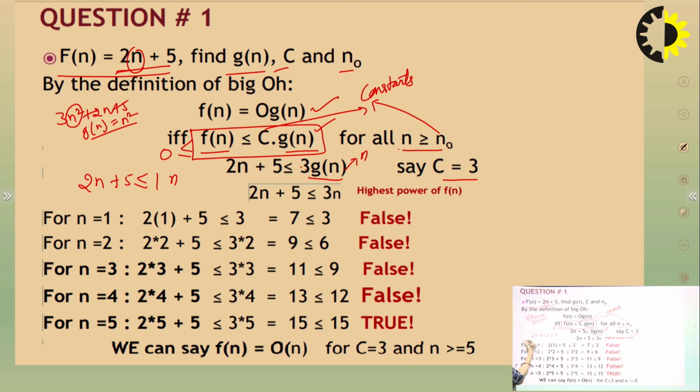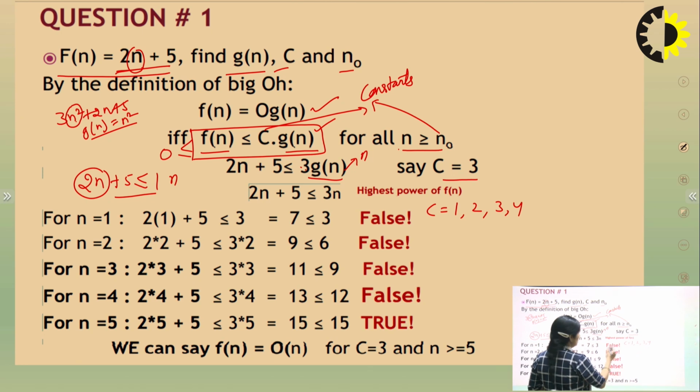Now I am writing 2n plus 5 less than or equal to 1n. 2n is obviously greater than 1n, so this condition is not possible, if I take c equal to 1. Suppose I take c equal to 2, and this is 2n plus 5. 2n we already have, plus 5 more, and this is saying less than or equal to 2n.